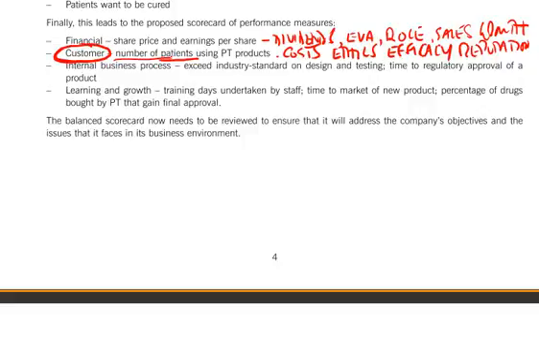Internal business processes: exceeding the industry's standards on design and testing, time to regulatory approval of the product, and so on here. What else might we be interested in here? I would think maybe of the reliability of the results.